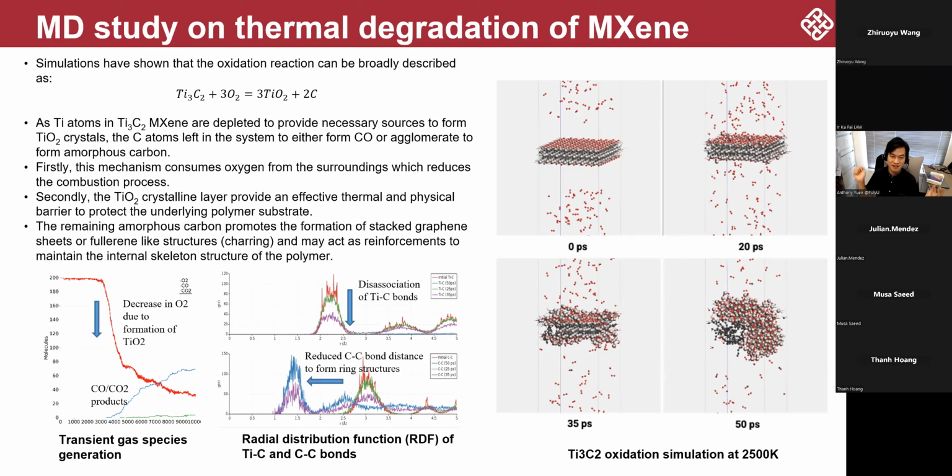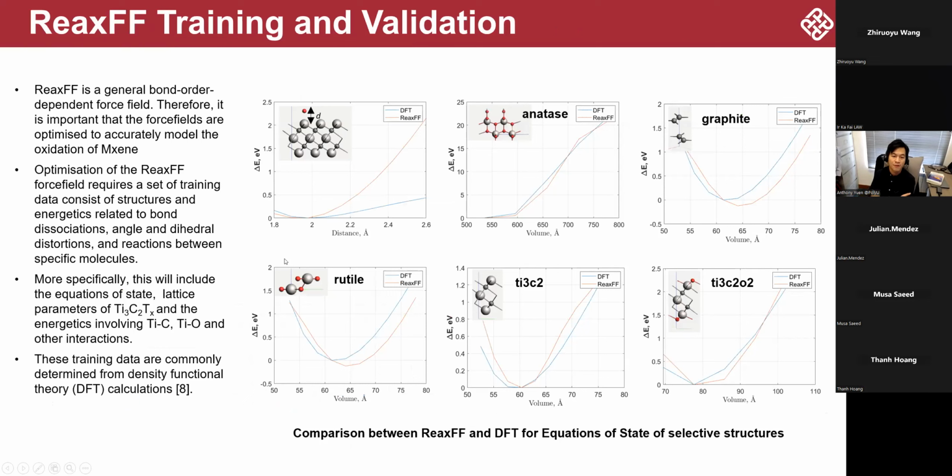Once it reacts with heat, it will formulate a two-step flame retardant mechanism that maybe explains why it is so good as a flame retardant. If we look into the radial distribution function, it confirms the bonding and the reduction in C-C bond distance from the ring structure.